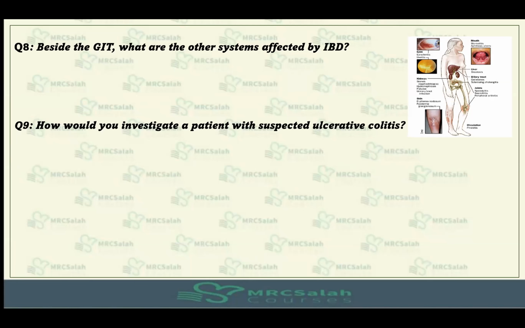Okay. As for the laboratory tests, we may have a full blood count. Yes. We may see macrocytic anemia or iron deficiency anemia due to bleeding. As for prolonged prothrombin time due to vitamin K deficiency. What? Sorry, I'm sorry. Why macrocytic anemia?